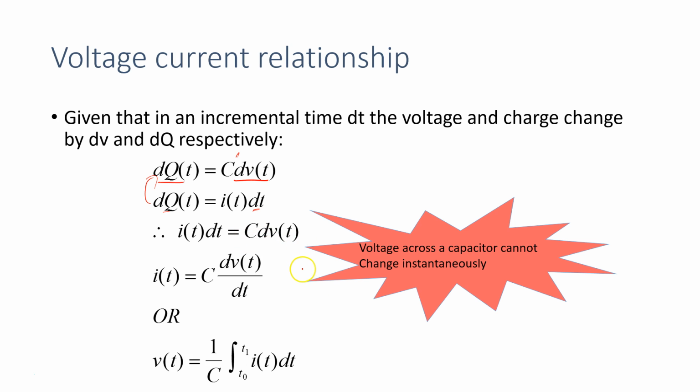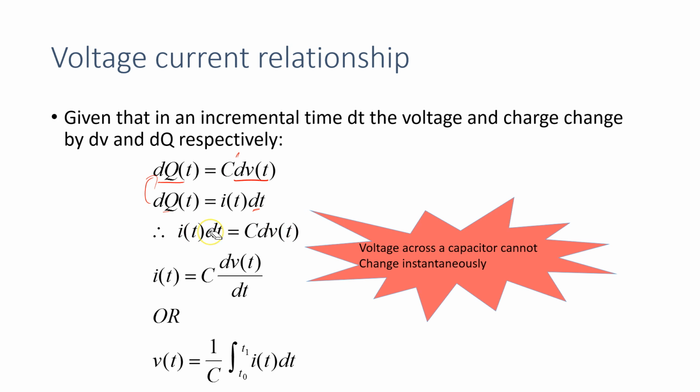And notice the mistake I just made, I said C dV dt. This is not dV dt, this is dV of t, where the voltage is a function of time. Similarly, the current is a function of time.